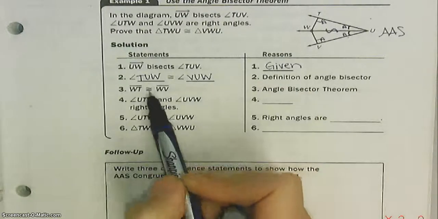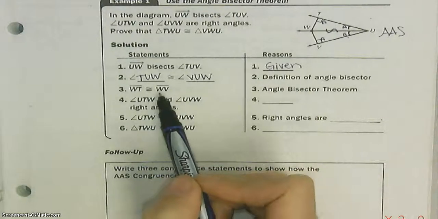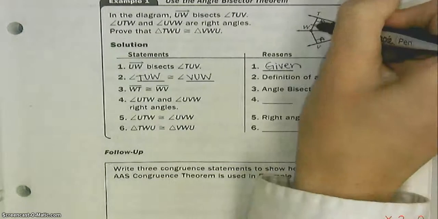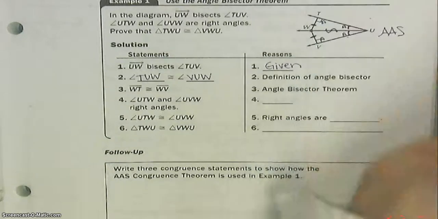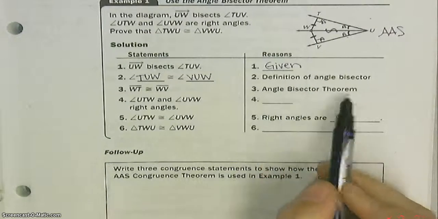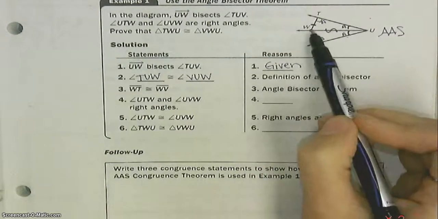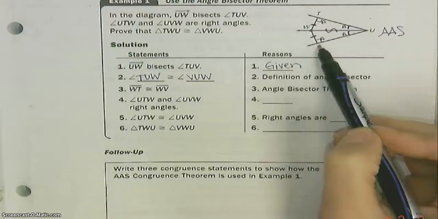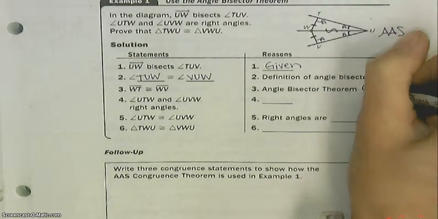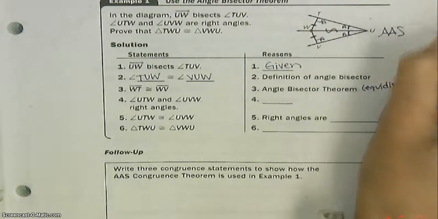Oh, they're using a different, we can use this too. This is fine. How do we know that WT is equal to WV? That's the angle bisector there, what we just talked about. If W is on the bisector, it's equidistant, right? That's what we just talked about.